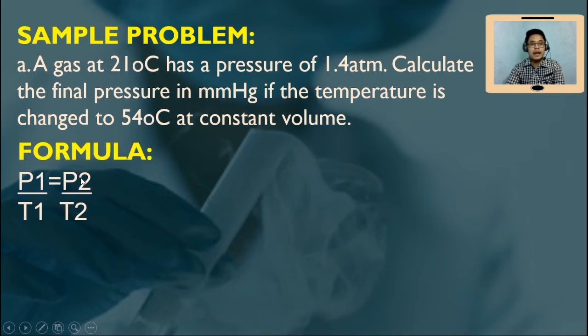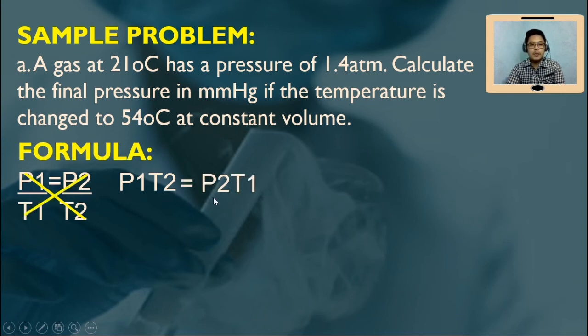But first, let's derive the formula for the final pressure kasi yung final pressure yung kailangan natin. Okay, and using our original formula, P1 over T1 is equal to P2 over T2. So from this formula, we're going to derive the formula in order for us to find our final pressure. Cross-multiply natin yan. P1 T2 is equal to P2 T1.